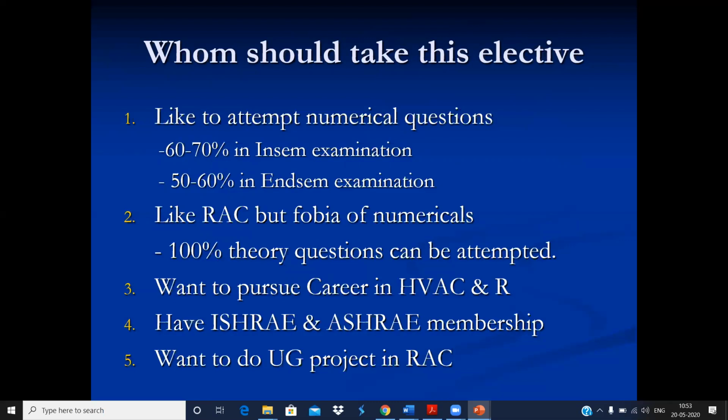But few students have a phobia about numericals even though they like RAC. For those students, as per the earlier question paper pattern, there will be 100% theoretical questions available. That is the exam point of view.